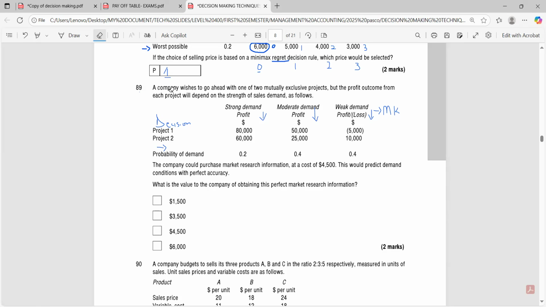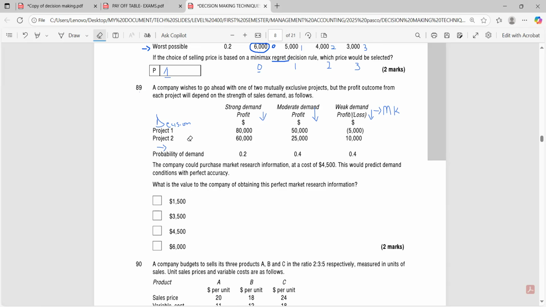You are looking at a company that wishes to go ahead with one of two mutually exclusive projects, but the profit outcome from each project will depend on the strength of the sales as follows. Project 1 has 80,000, 50,000, and 5,000 for strong, moderate, and weak demand.